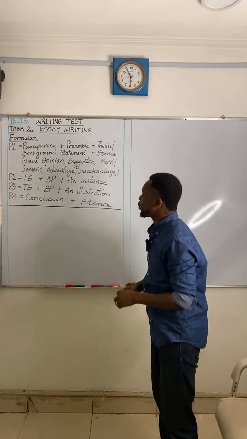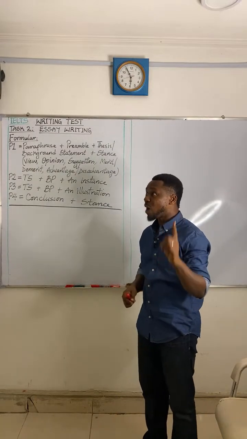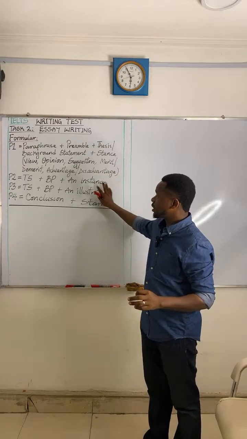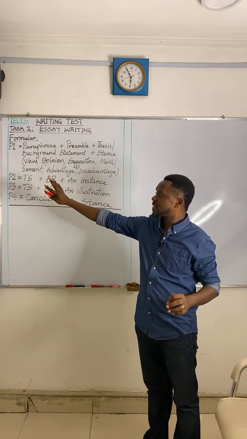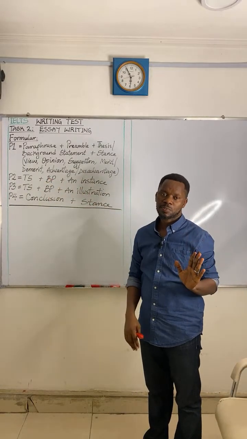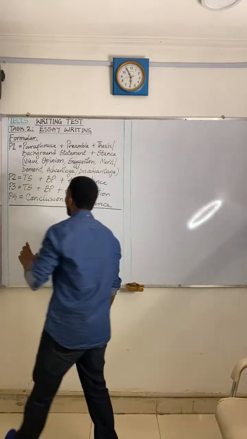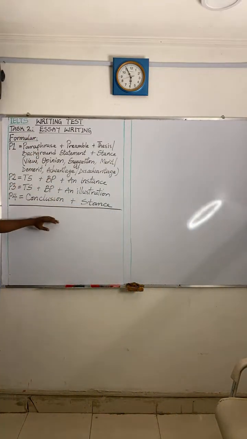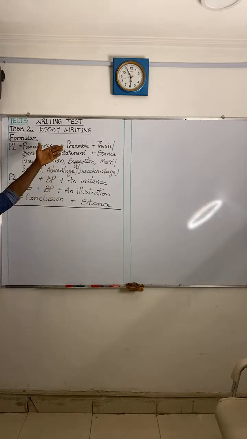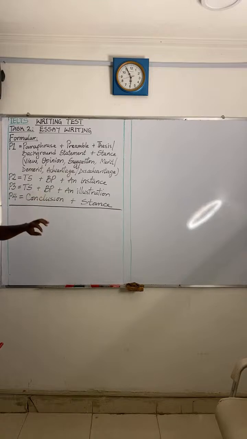Now, getting your paragraph 1 well done solves the whole of your P2, P3, and P4 by 50%. How does that work? All right, so when you draft out the points as rough work on your question paper before you proceed to your thesis statement, remember I said each point you draft out should have what?